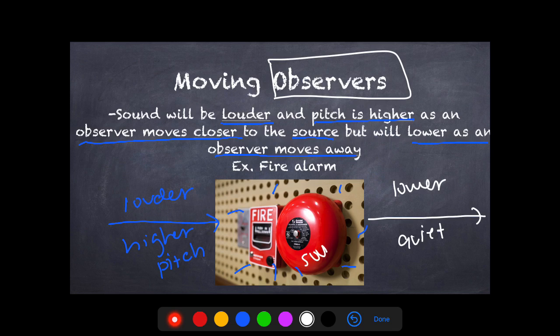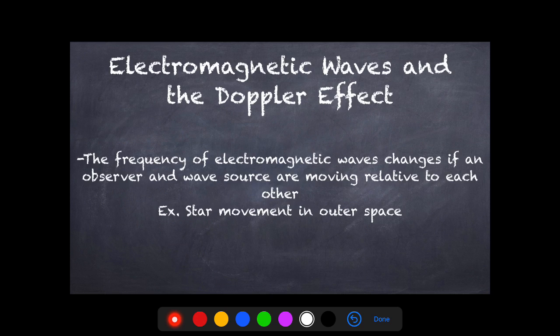And this is when you have the observer moving, not the source. The fire alarm is a source and you are the observer. And then this is you walking away.